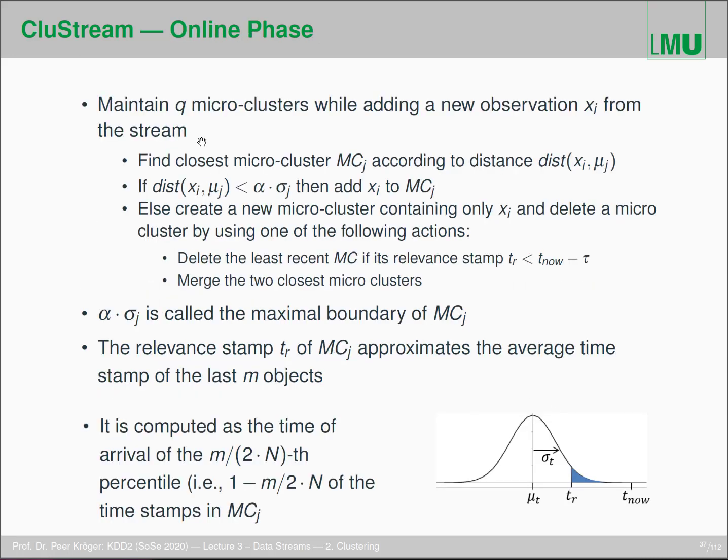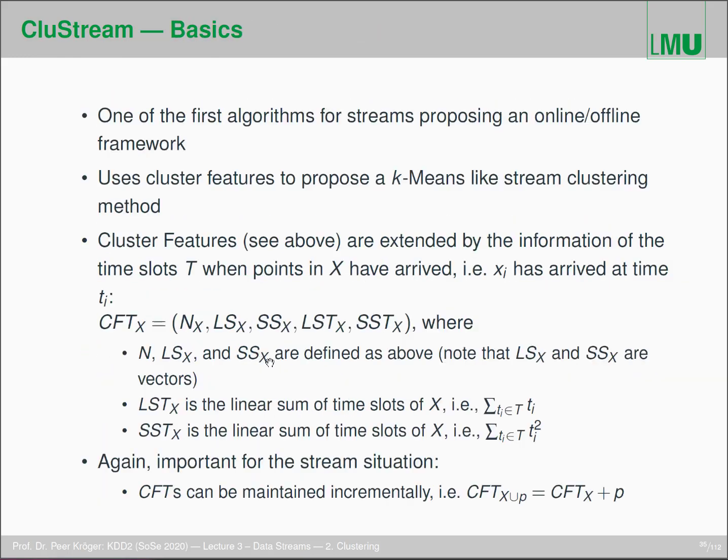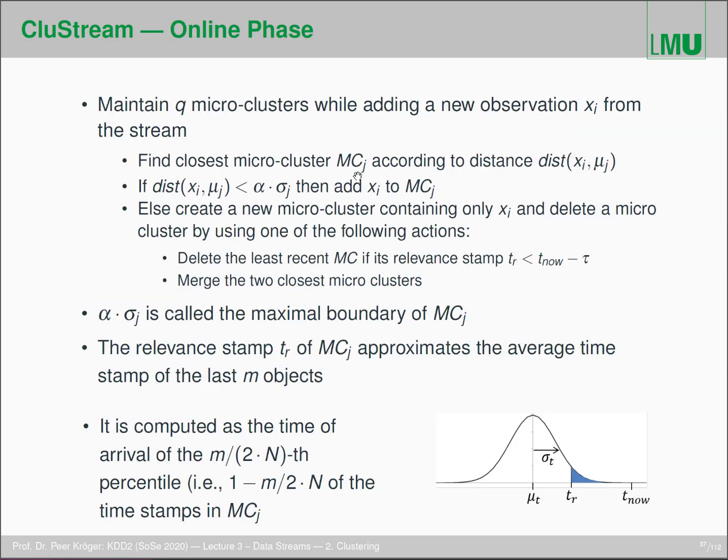Okay, so now the online phase of CluStream. You maintain Q microclusters, temporal cluster features, and you do so by adding new observations from the stream. So x is the new observation coming in, and what you do is find the closest microcluster according to the distance you use. You compute all the distances from the new observation to the cluster representatives, the mean values, which can be computed easily from the temporal cluster features of each of the microclusters.